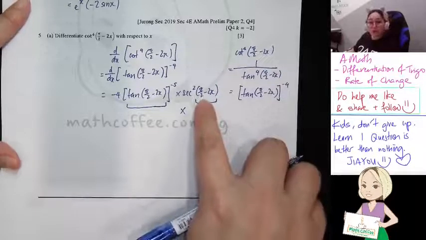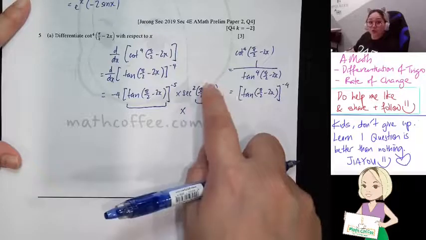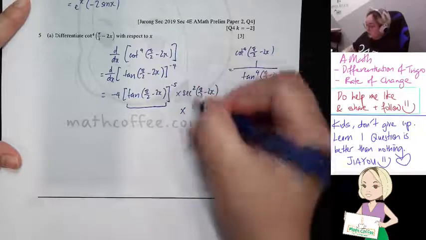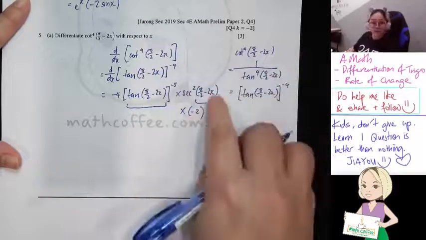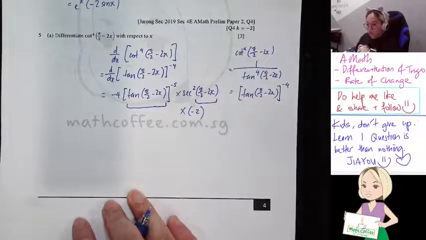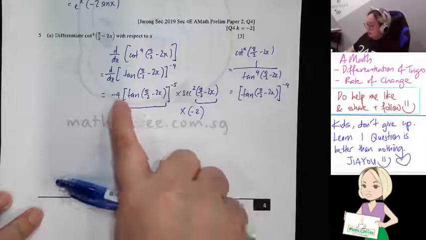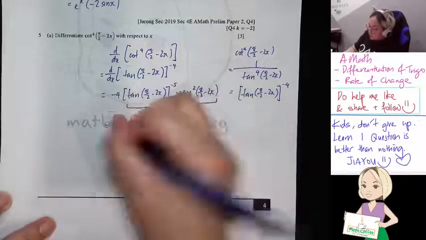Take note that pi over 2 doesn't have any x, so pi over 2 in this case is a constant. So when you differentiate the theta, it is actually just negative 2 because of minus 2x. Now all you need to do is simplify. I have minus 2 and minus 4, so it's positive 8.